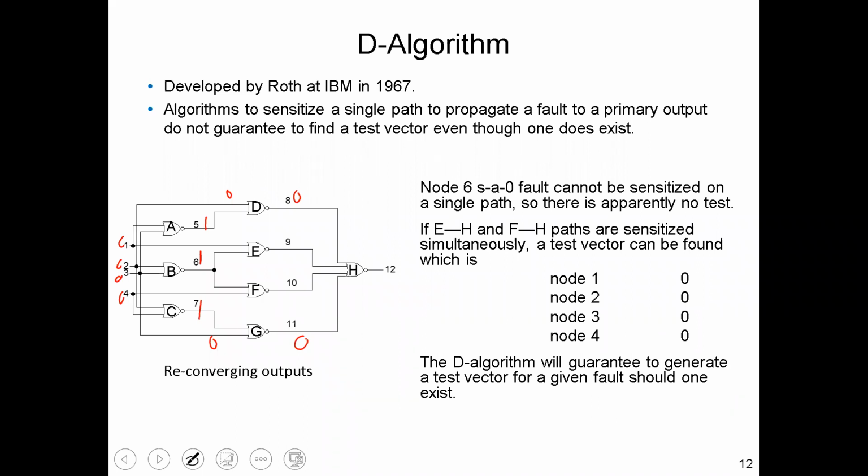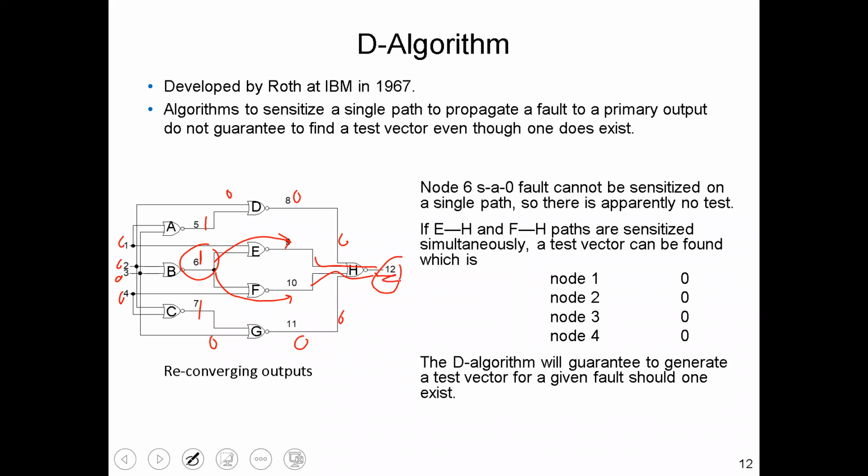And this faulty signal is passed from node 6 through gates E and F simultaneously. And because this is 0, this is 0, these two signals are the same. Node 9 and node 10 have the same level, containing the fault information. It can be passed to node 12.